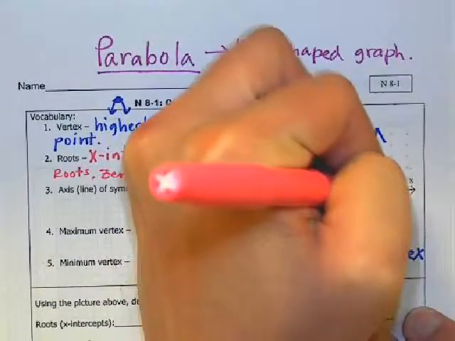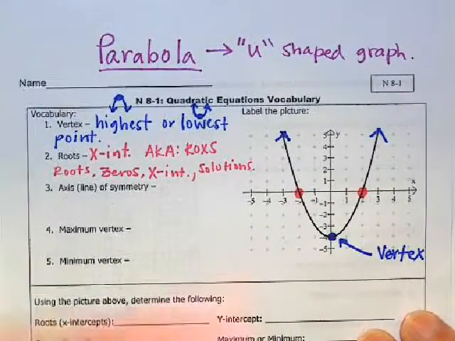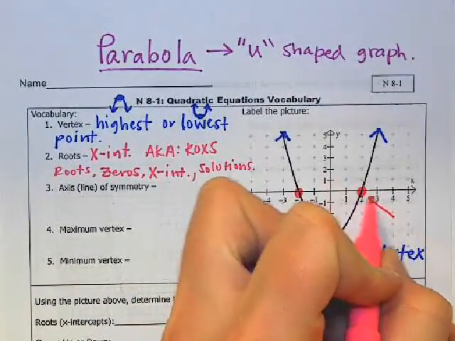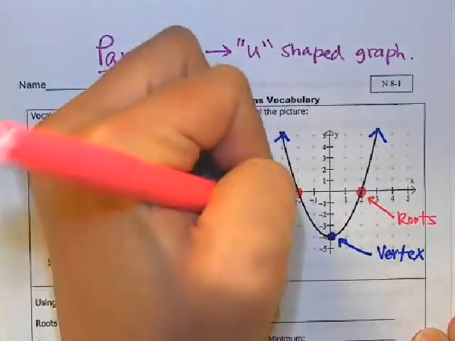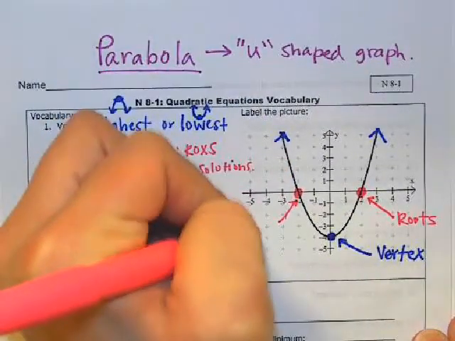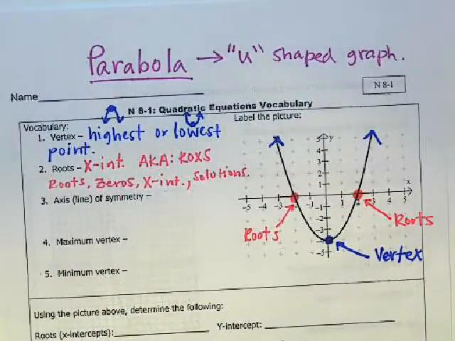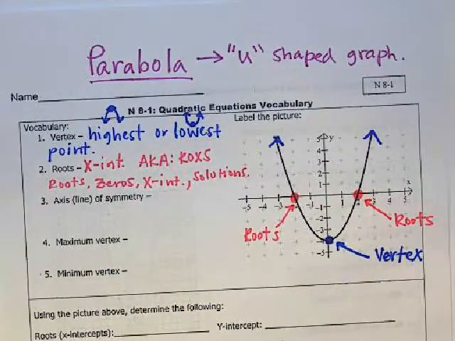Where does it cross the x-axis? Okay, so those dots. Draw your dots where they cross the x-axis, and I want you to label it roots. Does everybody understand that they mean the same thing? And that rocks is not a real math word, but it helps you remember the real math words. Roots, zeros, x-intercepts, solutions.